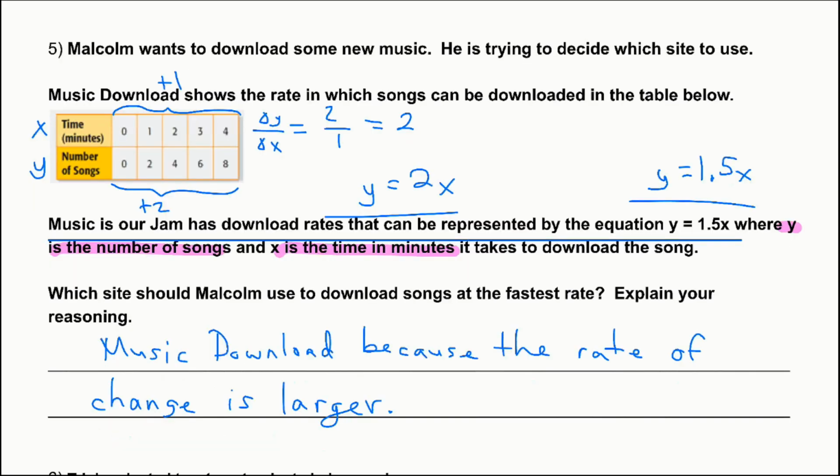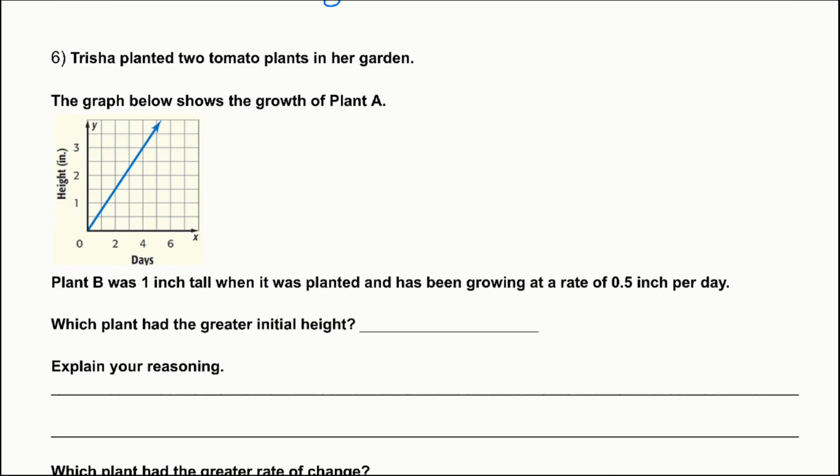Number 6. Trisha planted 2 tomato plants in her garden. The graph below shows the growth of plant A. And then plant B's information is underneath of that. But again, we're going to set these up as equations so we can see exactly what we're looking at. All right. Plant B was 1 inch tall when it was planted and has been growing at a rate of 0.5 inches per day.